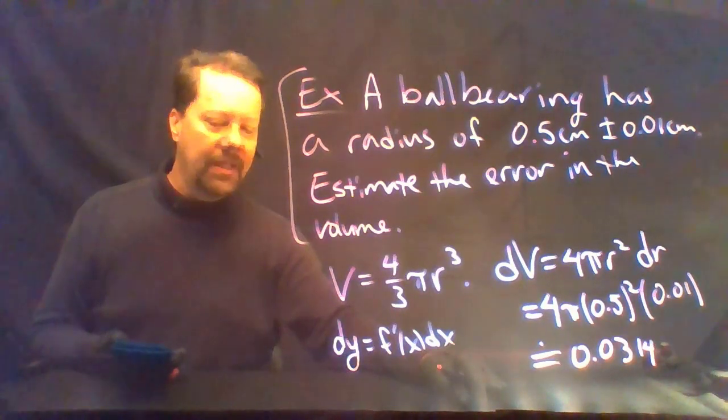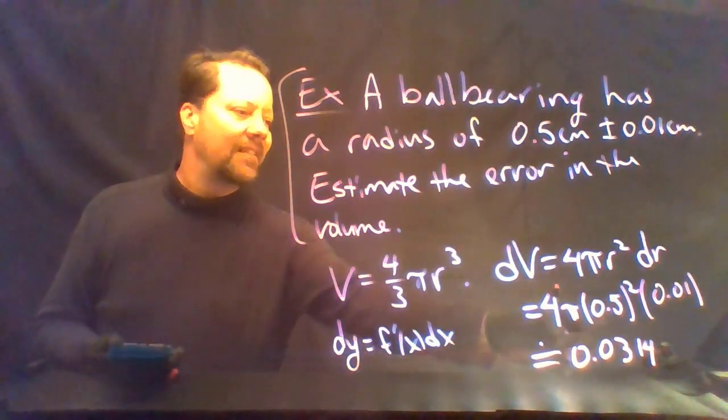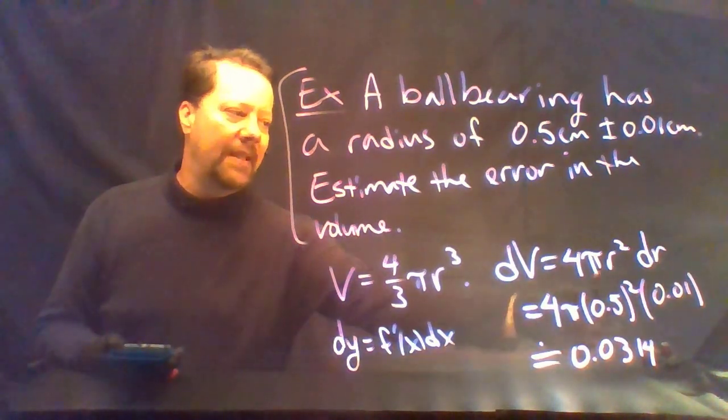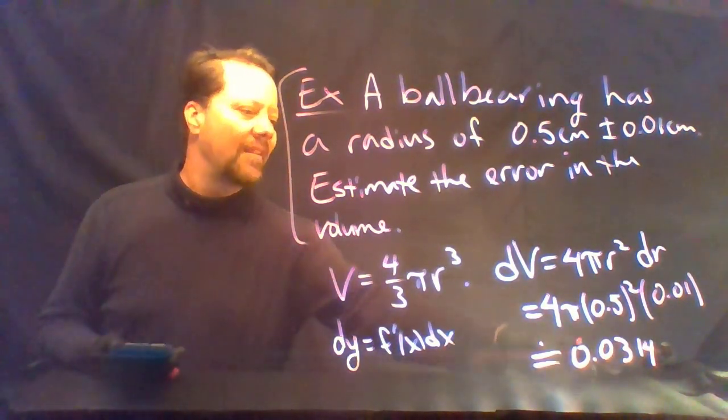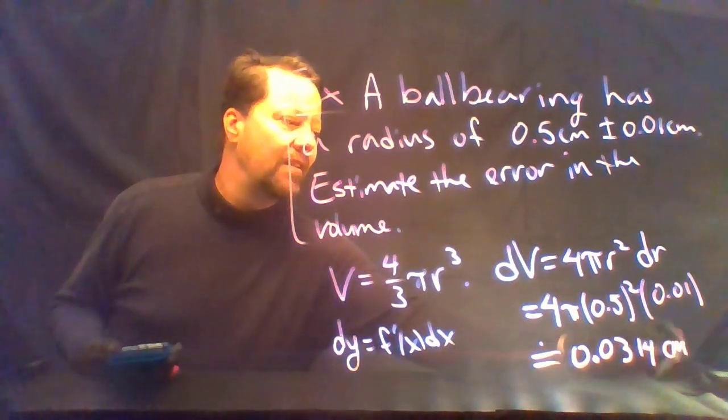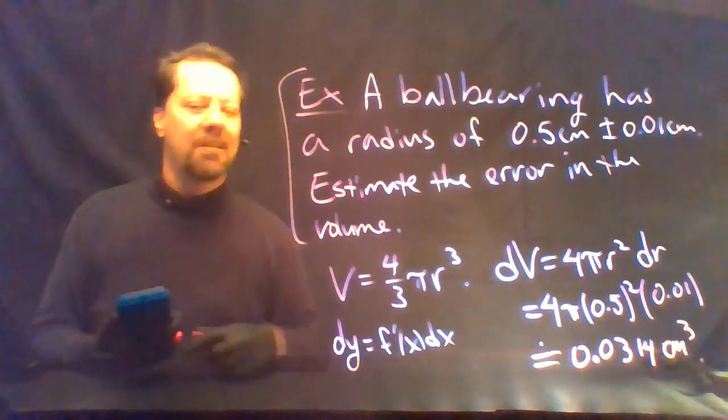Well, did we really need a calculator to do this? 1/2 squared is 1/4, times 4 cancels. We have pi divided by 100. And this will be in cubic centimeters.